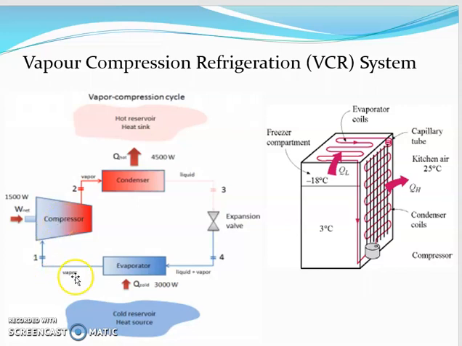passes to compression. Now if we discuss this circuit parallelly through the working of a refrigerator itself, then basically this is the refrigerated space. This is the space that is to be cooled, and this is the evaporator coil, and this is basically the freezer section having temperature on the negative side, and this is the vegetable section.